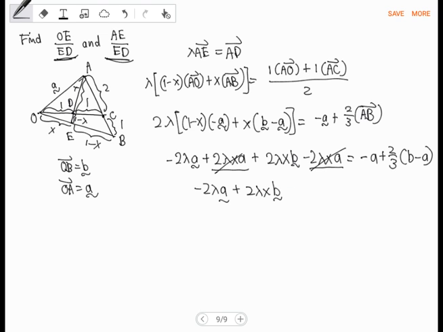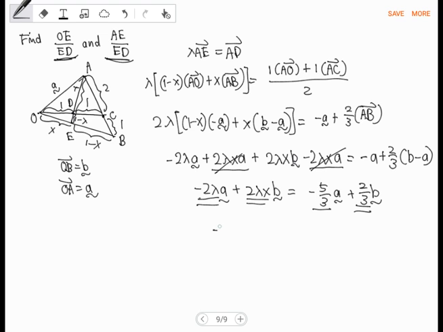This equals, when I simplify the right hand side, minus A minus 2/3 A, which gives me minus 5 over 3 A, then plus 2/3 B. Now we compare the scalar in front of the vectors.